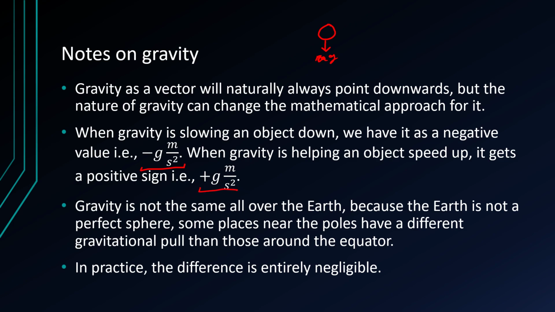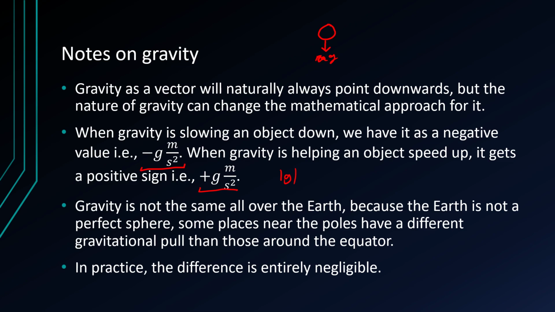So it relies on the exact same logic from SUVAT, though a lot of people seem to be a bit confused as to why we use positive and negative g at some points. You can, in some cases, have it as the magnitude of g to govern all cases, but I really wouldn't recommend it because the maths with moduli can get a bit crazy at times. So I would just recommend knowing when to use positive and negative g.